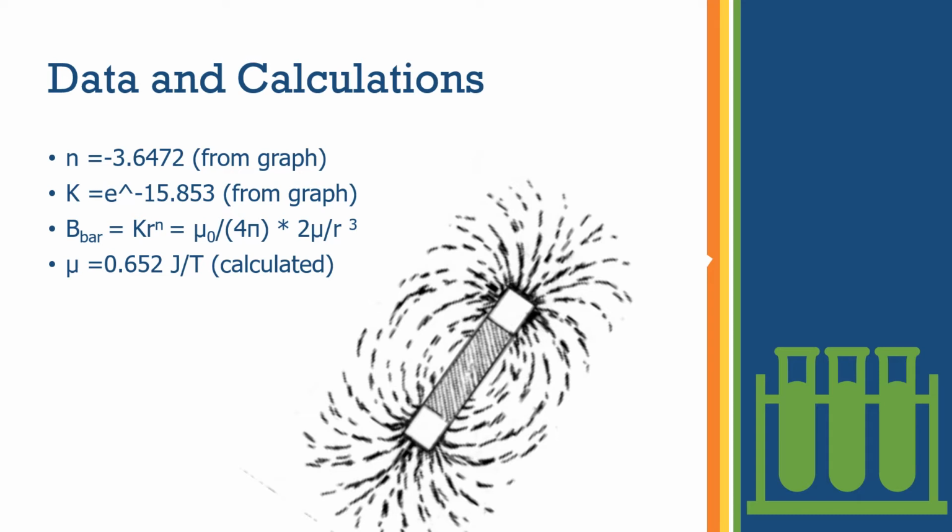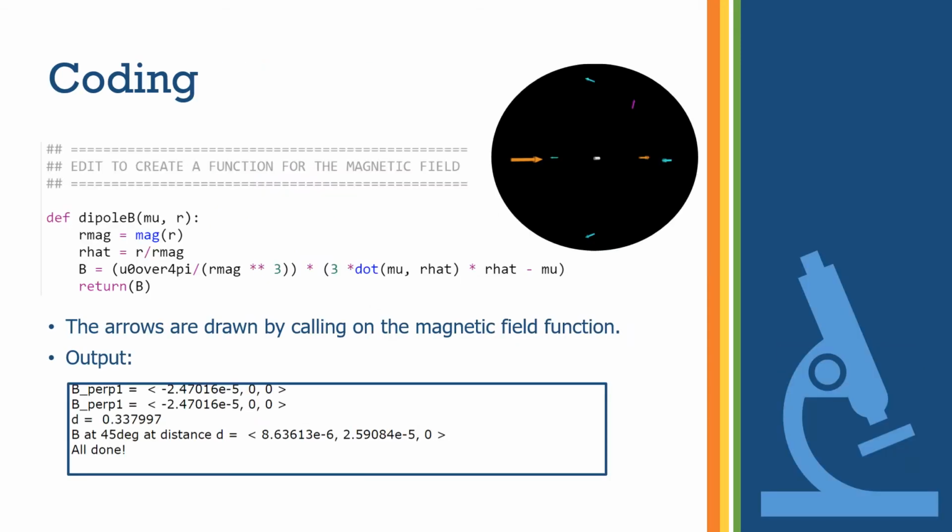And we know that the magnetic field is equal to k r to the n, or mu naught over 4 pi times 2 dipole moment over r cubed, and so we can use that to calculate our magnetic dipole moment, which would be 0.652 joules per Tesla.